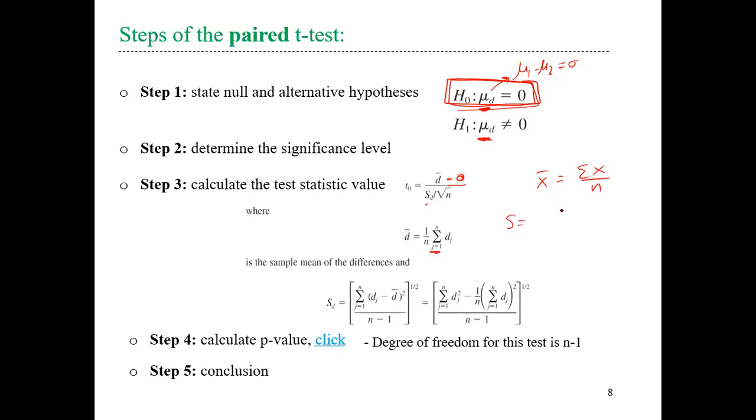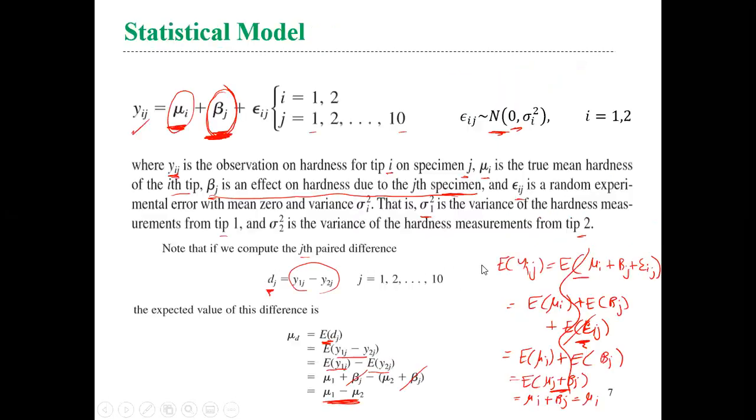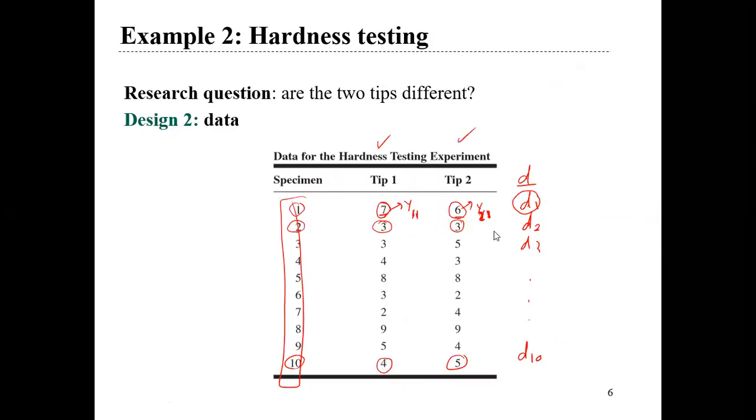And s, the standard deviation of x's, is 1 divided by n minus 1 times the sum of x squared minus the sum of x all squared divided by n. Change x to d and you get this formula. So it's the same formula for the mean and the same formula for the standard deviation. Do not panic about what d bar and sd are. It's the same thing, but I work with another notation, d, instead of x's like in the elementary class. I change x to d, that's it, nothing else.